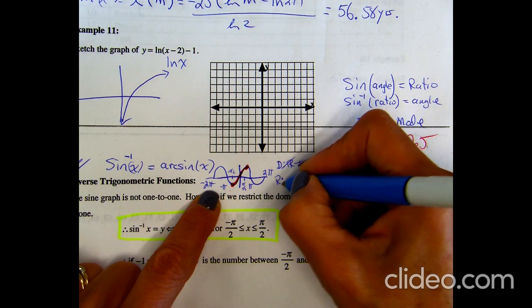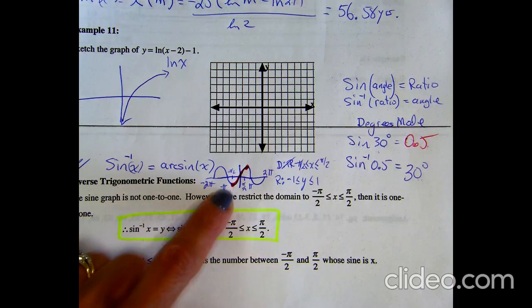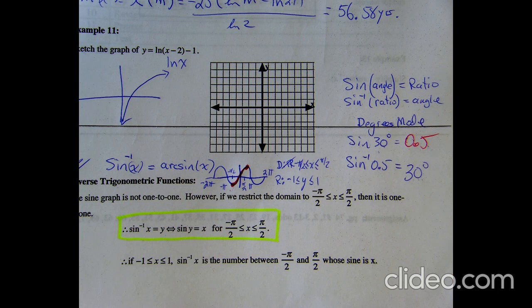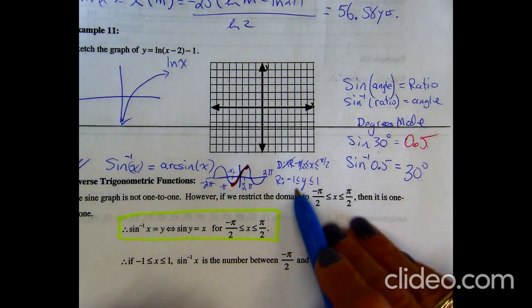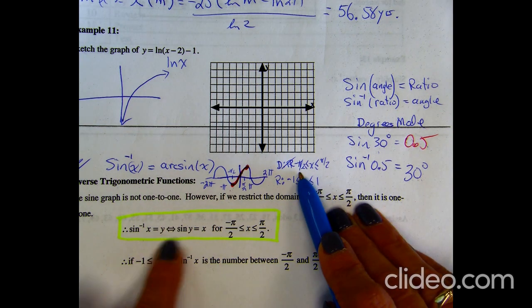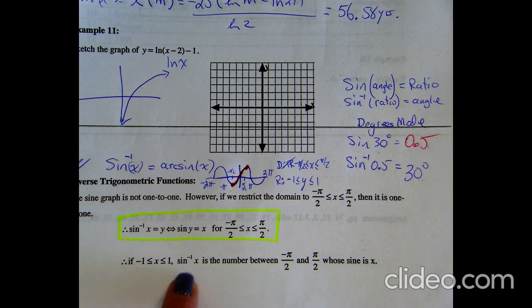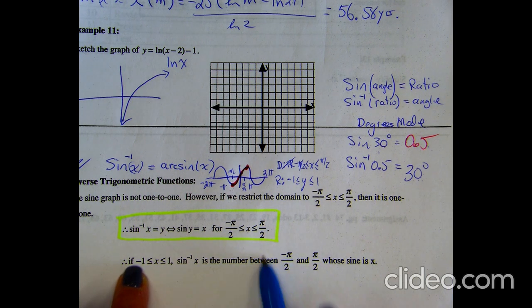And our range was from negative 1 to positive 1. When we take the inverse, our domain will be from negative 1 to positive 1, and our range will be from negative pi by 2 to positive pi by 2. So for sine inverse, then the number you put in has to be between negative 1 and 1, and the number you get out will be an angle in either the first or the fourth quadrant. And then you're going to have to interpret that answer in context.